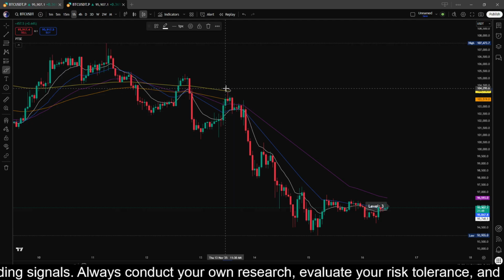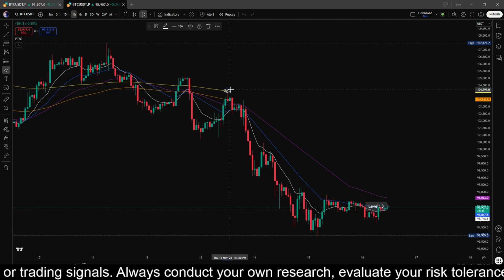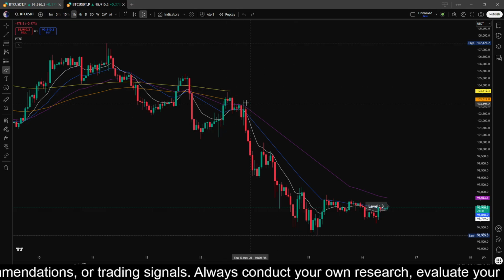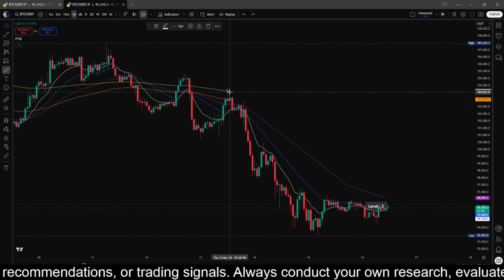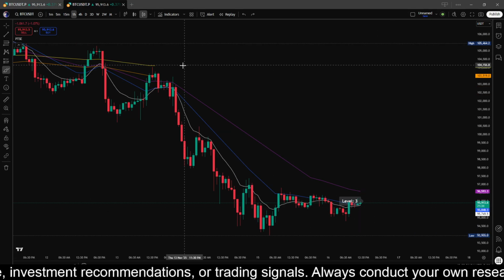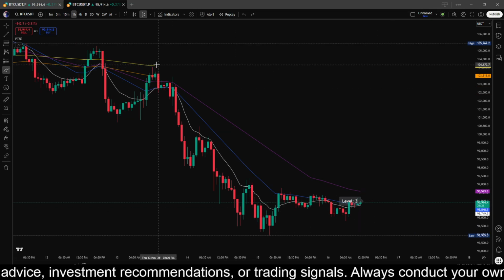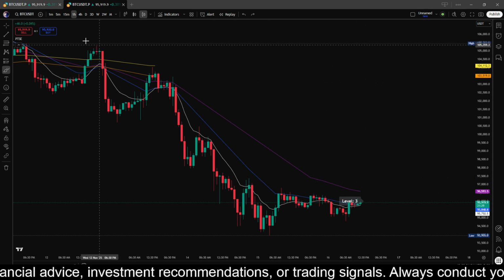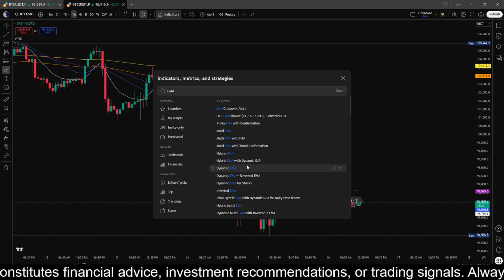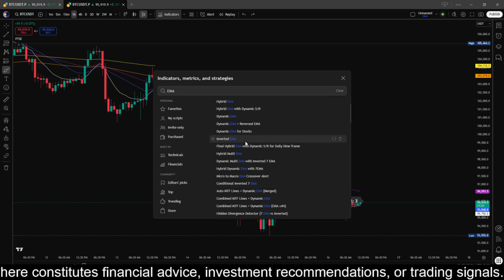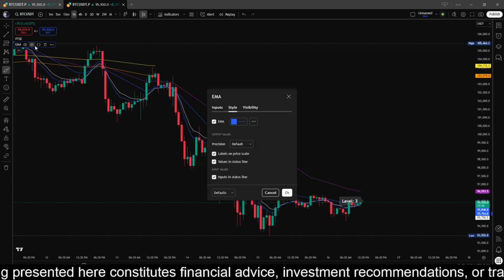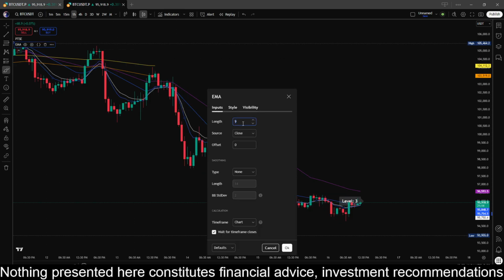We see this EMA, I think this is the 200 EMA. It's not here, it's here only. Why? Let me take an example here with the exponential moving average, and let's take 200.